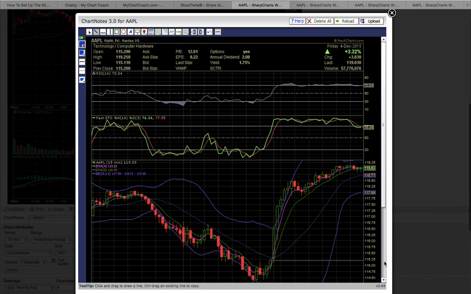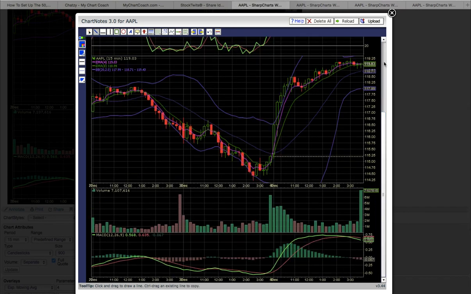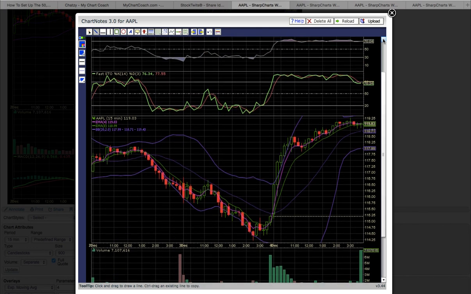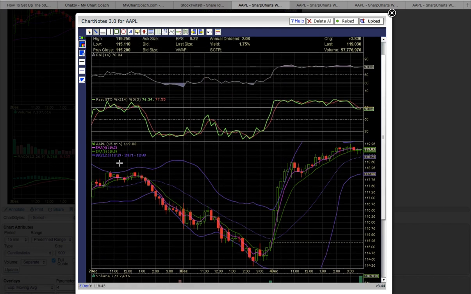And then let's look at one more 15-minute chart, and this one shows the Bollinger Bands. Each candle on this chart represents 15 minutes of trading, and this is a 3-day chart.